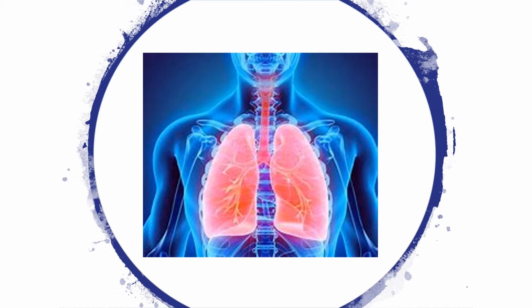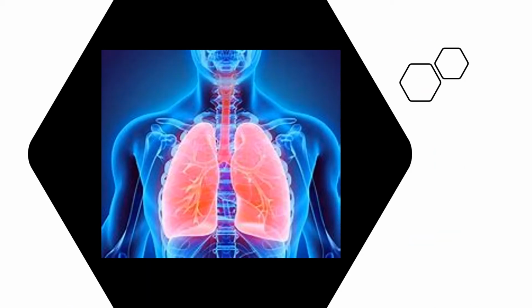Respiration occurs in the mitochondria of cells. When energy is released from glucose, it is stored in a molecule called ATP. Respiration takes place inside the mitochondria where ATP is made.